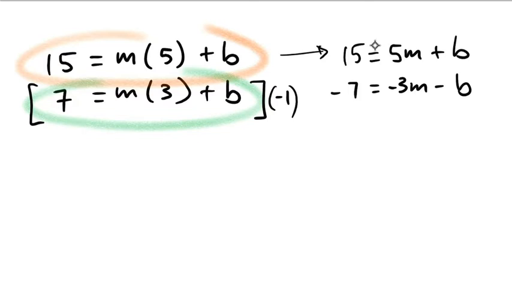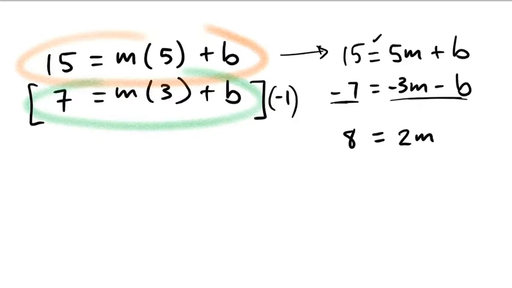And because I have equal things, and I'm going to add to both sides equal things, I'm going to get equal things. Over on the left-hand side, if I take the number 15 and I subtract the 7, I get the number 8. Over on the other side, I've got 5m, and I'm going to add to that a negative 3m. I'm going to get just 2m.